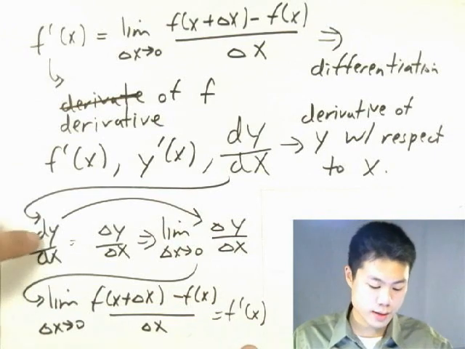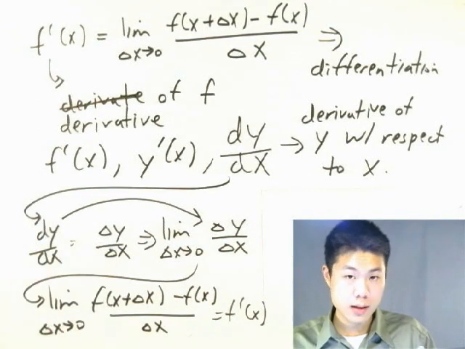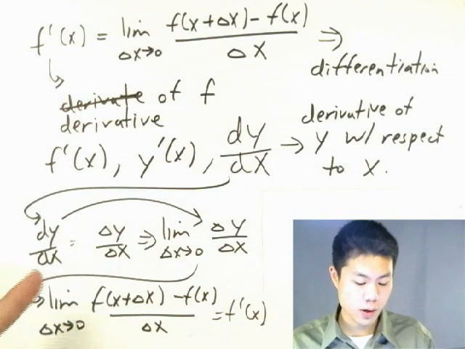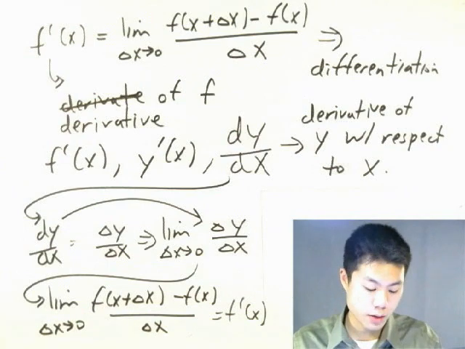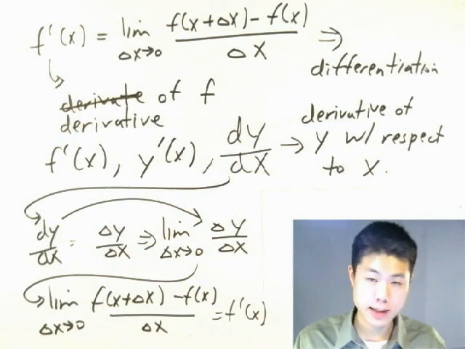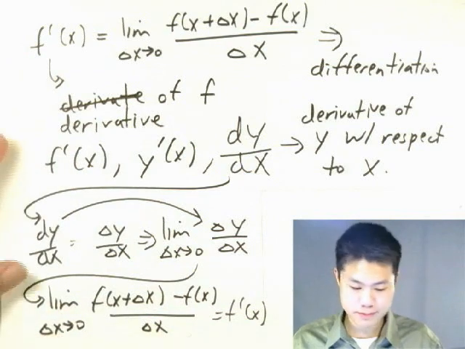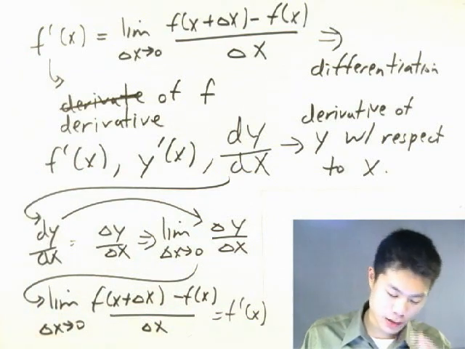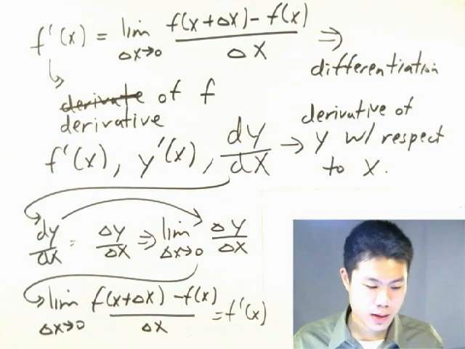So that's why this notation is the same as this. Because dy over dx is telling us to find delta y over delta x, but we're going to let delta x become extremely small. So we're finding very small intervals, which is the same thing as taking the derivative. If you didn't follow this part, that's okay, but it's something that you will have to understand later. Probably not right now, though.